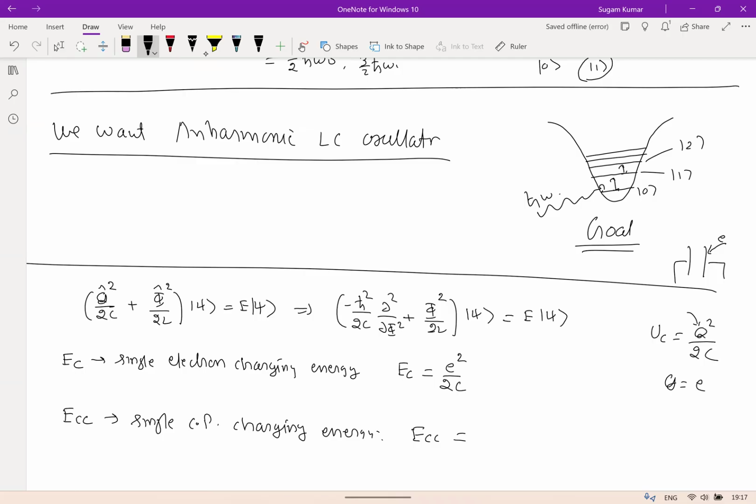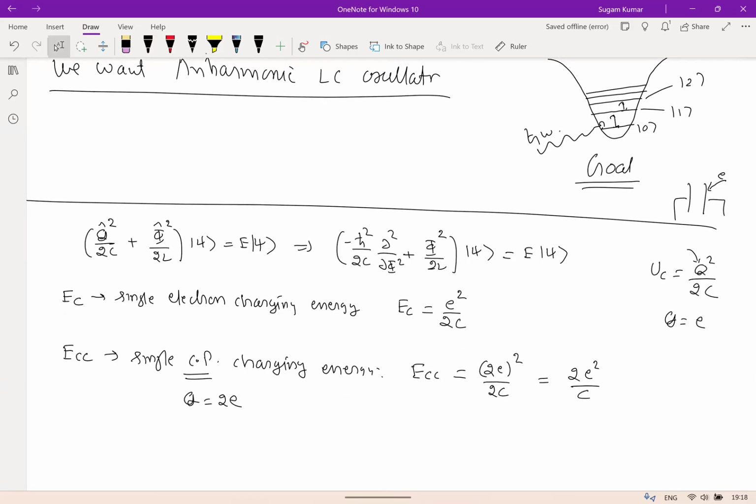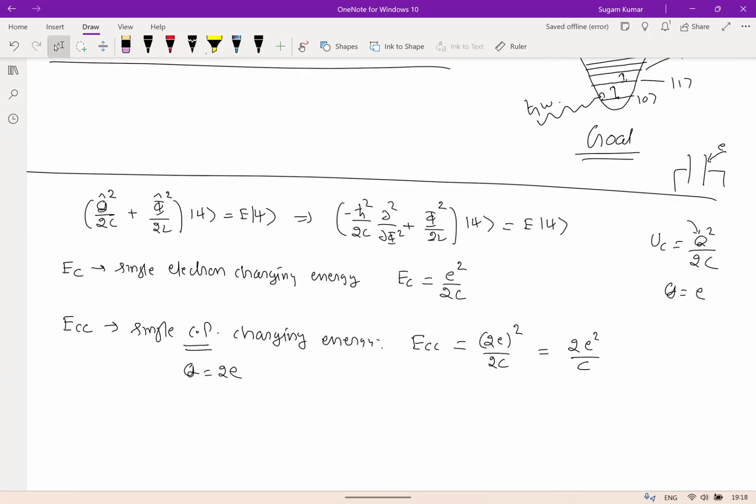It is simple, because when you talk about a Cooper pair, the charge is how much? 2E. So this is going to be (2E) whole square upon 2C. You can see that this simply becomes 2E square upon C. So these terms we will use. And if you want to write it in terms of the single electron charging energy, this is going to be 4 times EC.